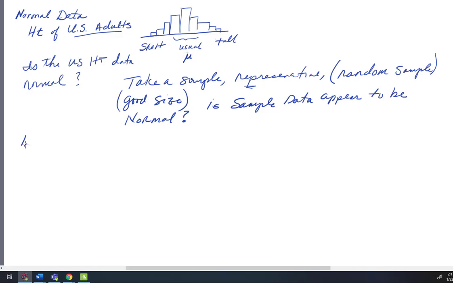So a first way to check would be to look at the data in a histogram.